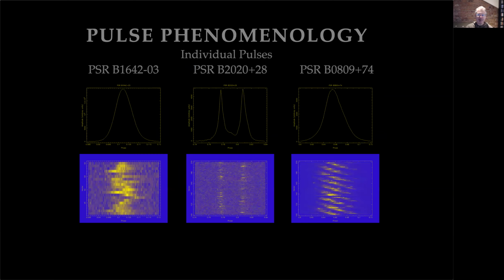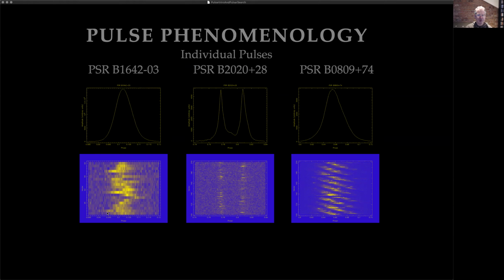I mentioned to you about these average pulse profiles, and earlier when I showed you the pulses from 0329+54, you can see how they vary. Not only do they vary in their shape, sometimes they can vary in a very organized way in terms of where they arrive. So you can see here for 1642-03, these are individual pulses.